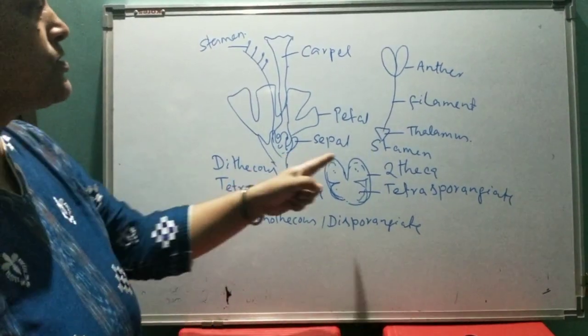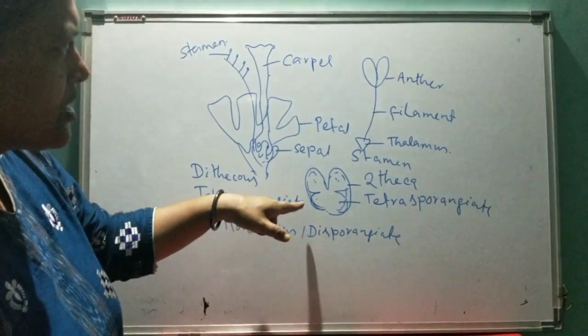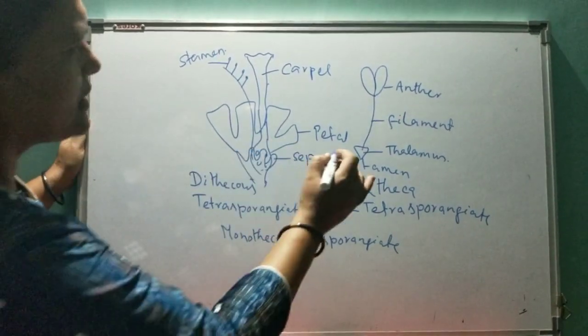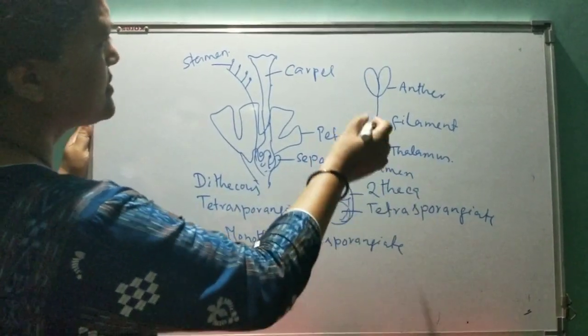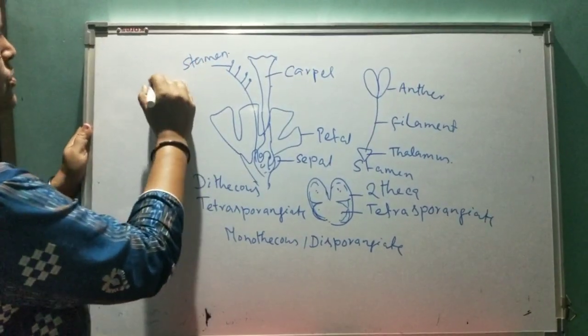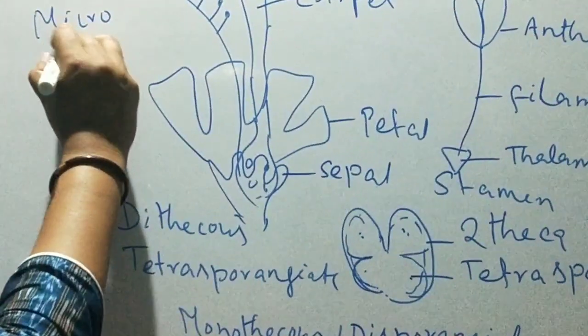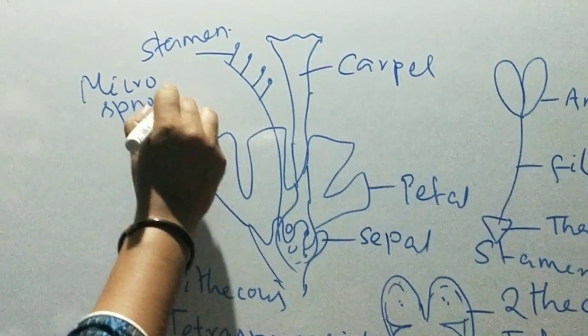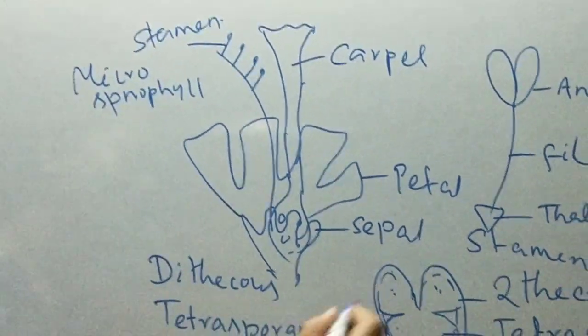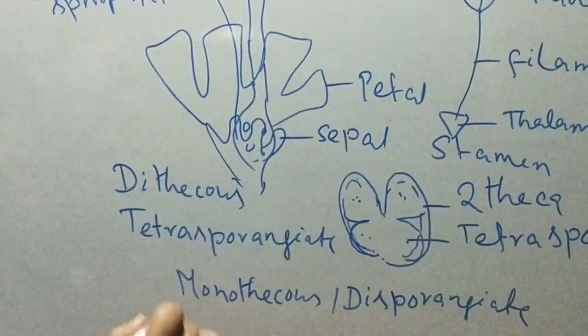Now look at the anther. This stamen is also called the microsporophyll, a short question. Inside the microsporophyll there are microsporangia.